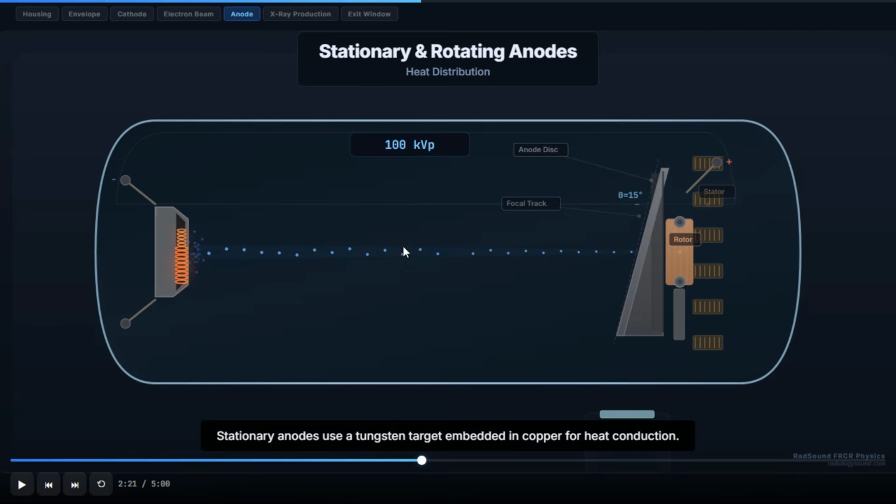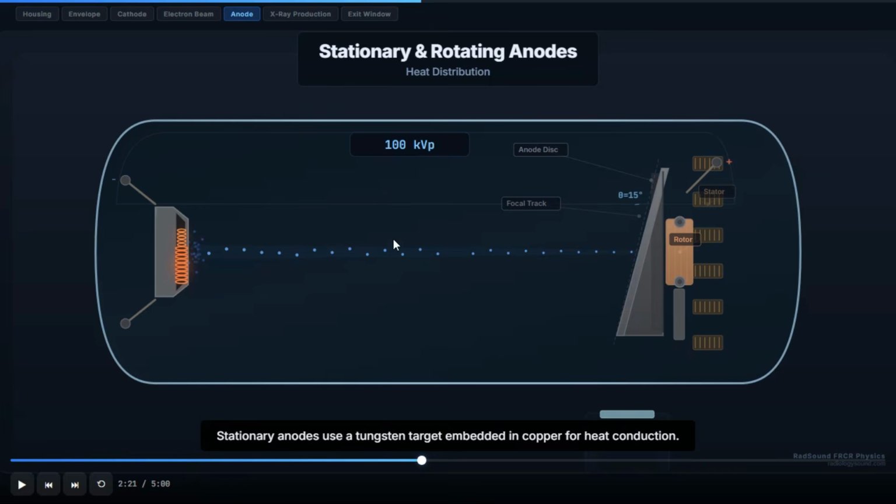So now we understand that the maximum energy of the electrons from the cathode to the anode depends on the kVp. The amount of electrons produced from the filament depends on the filament current. So current mostly determines the quantity, and the kVp determines the quality.